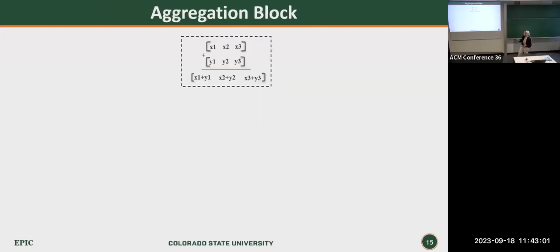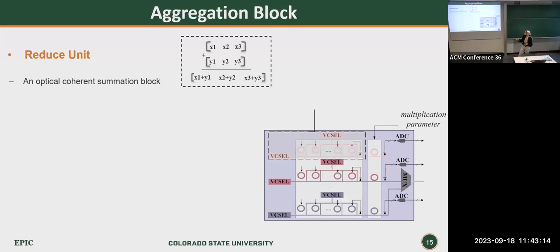So we focus first on the aggregation block. The main unit is the reduce unit. If you remember, the main operation with the aggregation usually revolves around summation somehow. So we configured our reduce unit as an optical coherent summation block, where each row is assigned one feature from the node feature vectors, and each column is assigned one neighbor node.